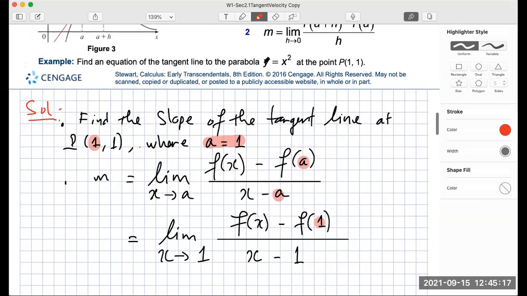Then now we're given the formula here, right? This is the graph of the function we need to compute. In other words, f of x is equal to x squared.